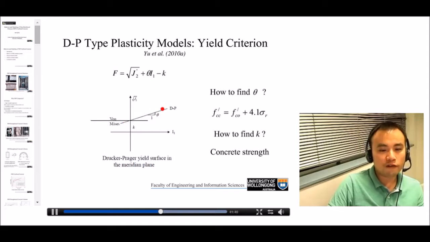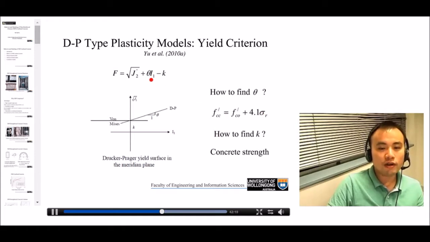For theta, it defines the slope of this straight line, right? If you recall, the confined strength of concrete is a linear function of confining pressure. This is also a linear function. And this J2 is a combination of this confined strength, which is in the axial direction, and this confining pressure, which is in the lateral direction. The J2 is the combination of these two stresses.